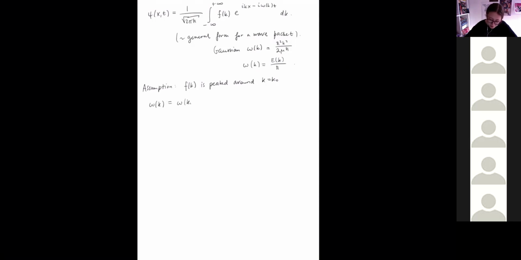It's omega of k0, which we will call omega 0, plus the first derivative at k0 times k minus k0, plus everything else. We will not consider terms of the second order, so this we don't take into account. And then we can take psi of xt and substitute omega of k.